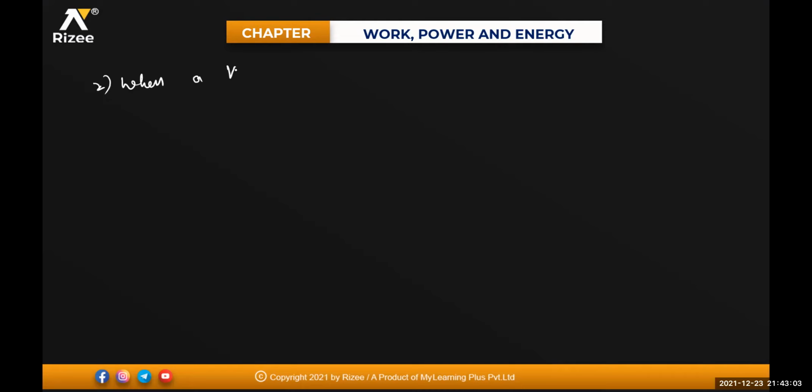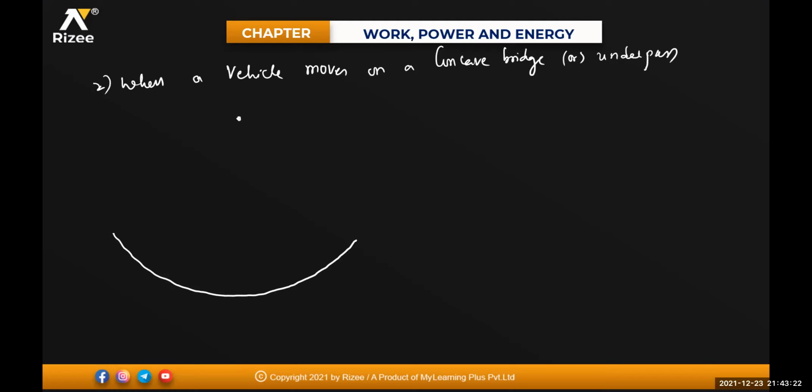The same way, when a vehicle moves on a concave bridge, or I can say something like an underpass. Situation is something like this. This is the center, and this is your arc of a circle.